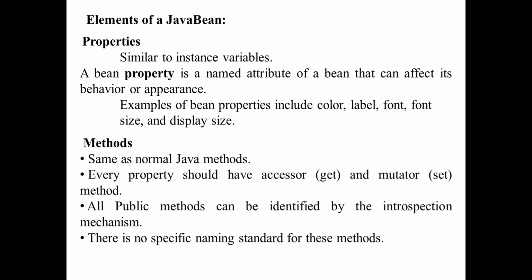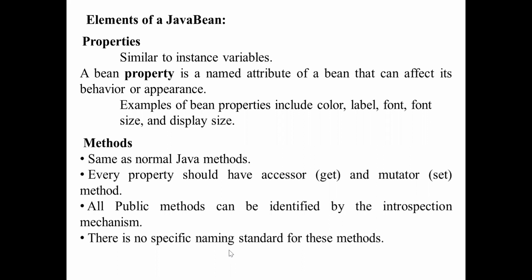Some points to be remembered: the elements of the Bean property are the same as normal Java methods, and should be accessed by using the get method and mutated by using the set method. All the public methods can be identified by using the introspection mechanism.